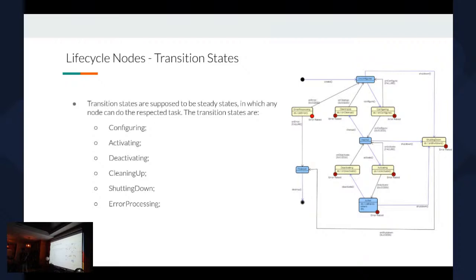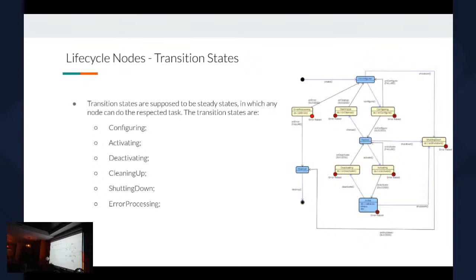As you can understand, the configuring node will allow us to define everything that is related to the configuration of our node. So this is a callback in our ROS2 application that will be called once we want to transition between the unconfigured state and the inactive state.